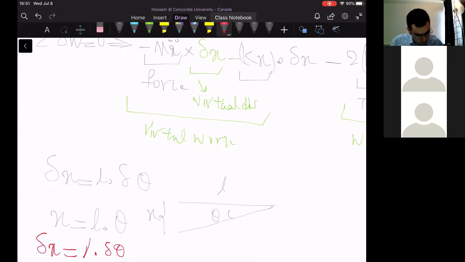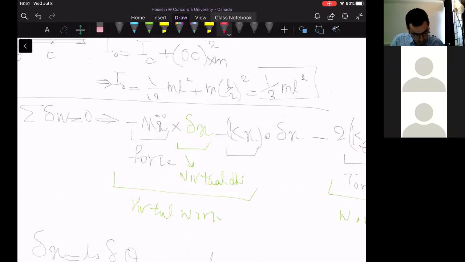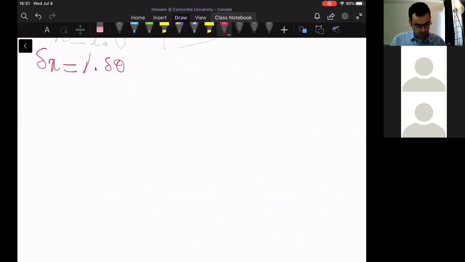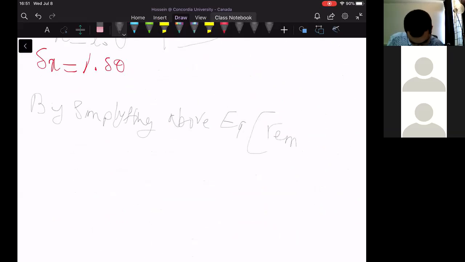So here, if you just plug in any delta x as L multiplied by delta theta, and then remove and cancel out delta theta from both sides of this equation, at the end you will come up with this equation of motion by simplifying the above equation, basically removing delta theta.